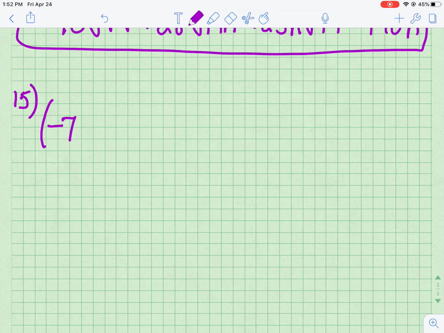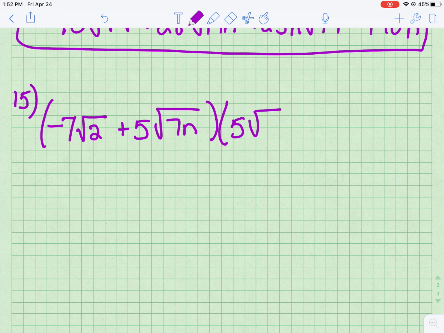So negative 7 root 2 plus 5 root 7n times 5 root 2n minus 4 root 7n. Okay. Remember, foil is first, outside, inside, last.